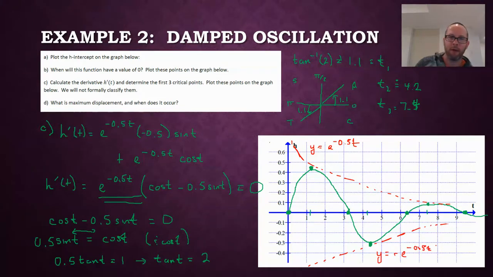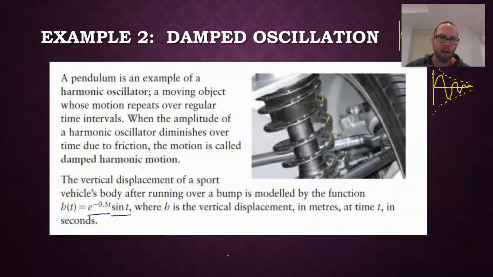Because if you think about it, if I go back to the original slide there, sine t is never going to be below -1 or above 1, right? And so as those values of sine t go between 1 and -1, you hit the function above the x-axis, e to the negative 0.5t, and below, its vertical reflection, negative e to the negative 0.5t.